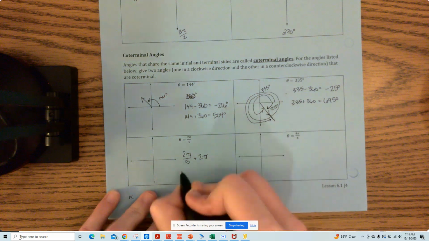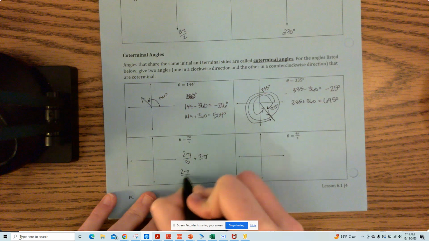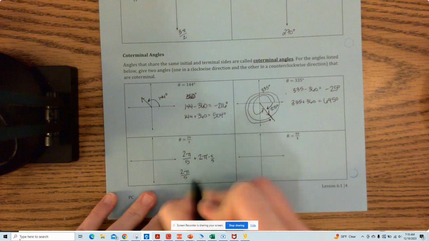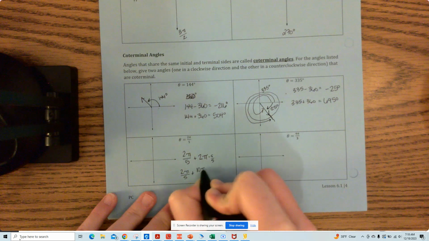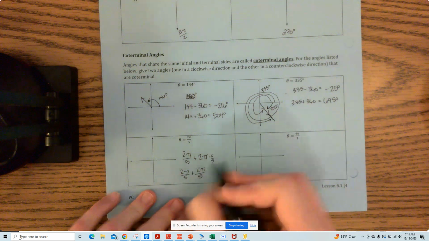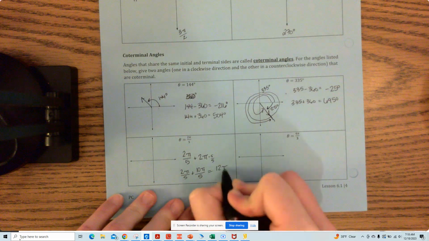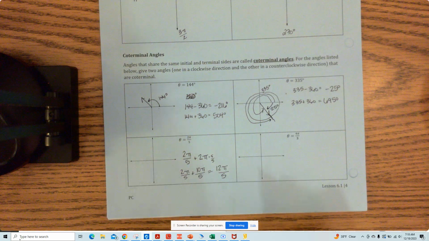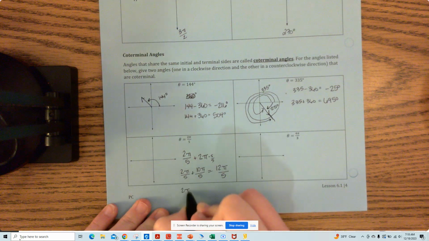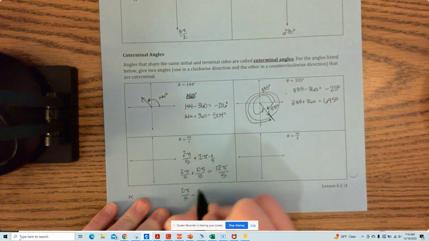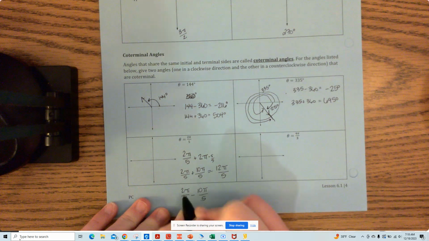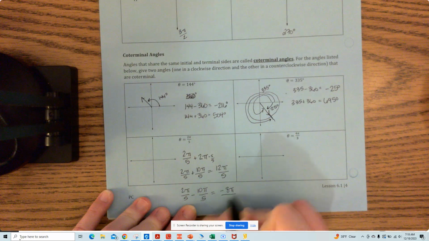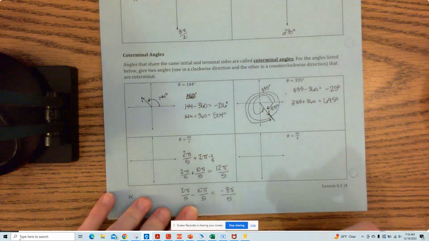I can multiply this by 5 over 5, which would give me 10 pi over 5, which would give me 12 pi over 5. So that's one coterminal. Or we could subtract it, and I don't have to convert it again. I can just leave it like that. So 2 pi minus 10 pi would be a negative 8 pi, and just keep the bottom.